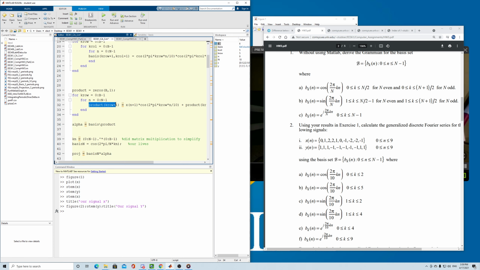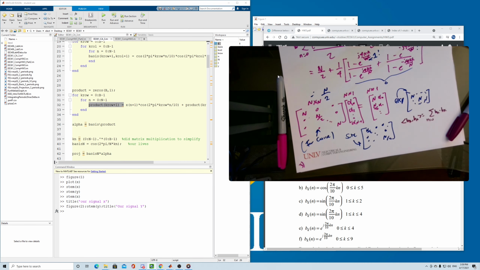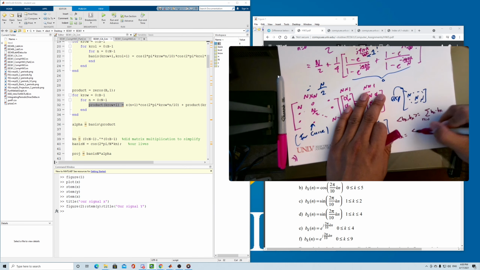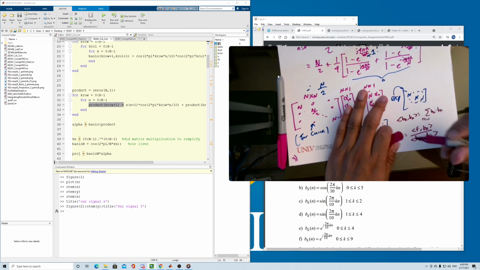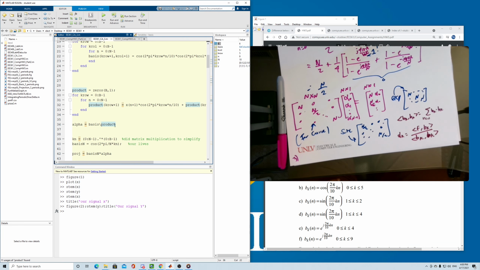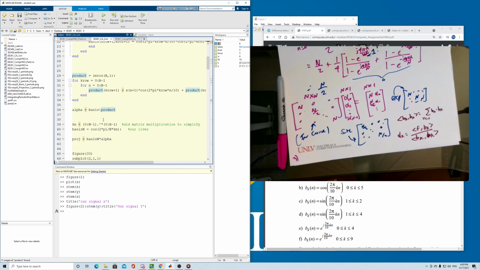Don't worry. Let me show you. The alpha of k is going to equal f of n, b of k, divided by b of k, b of k. So we're literally creating a bunch of vectors. There we go. So that's how you would do this.